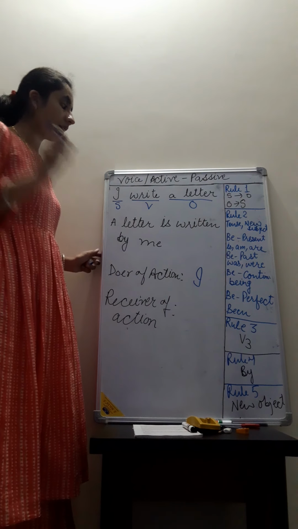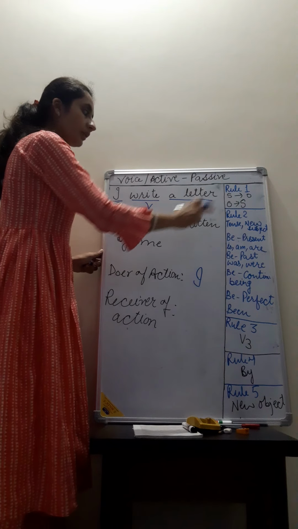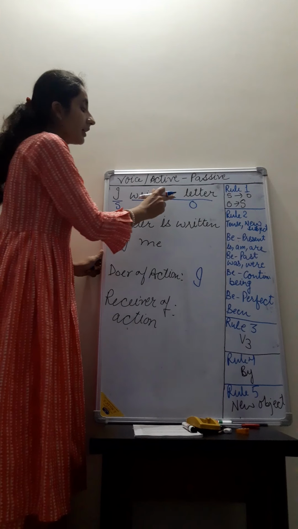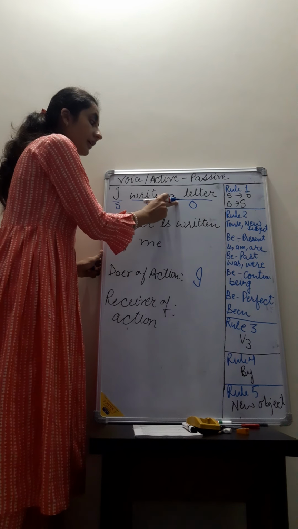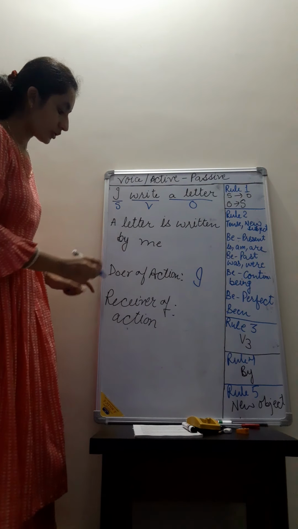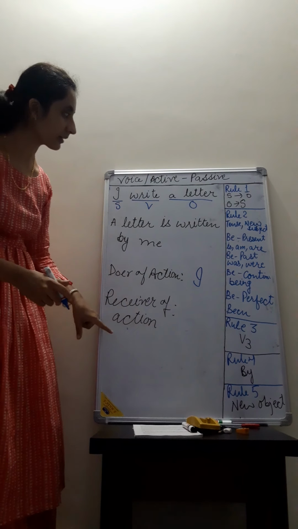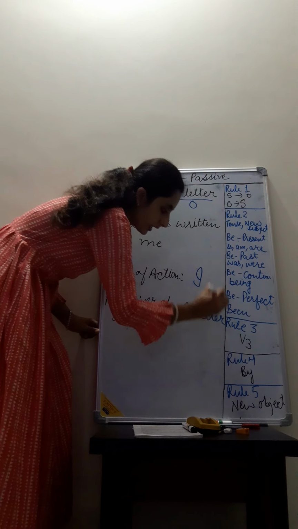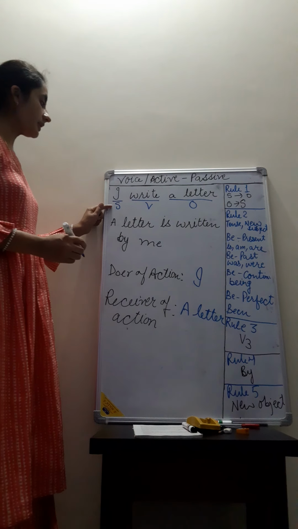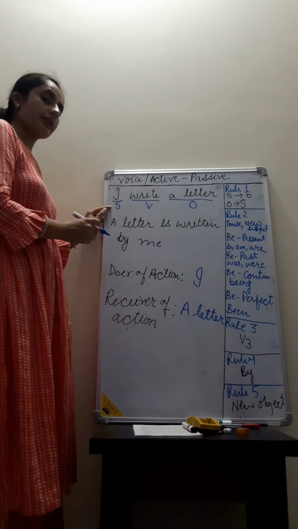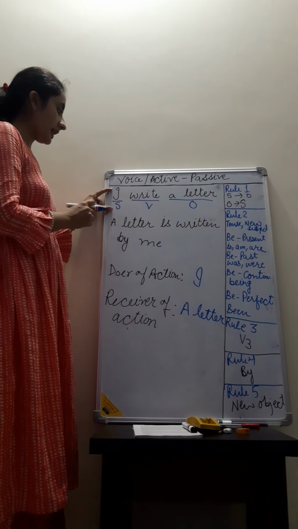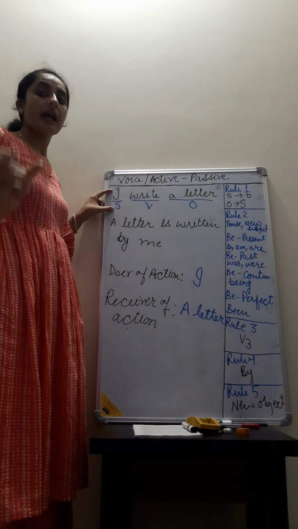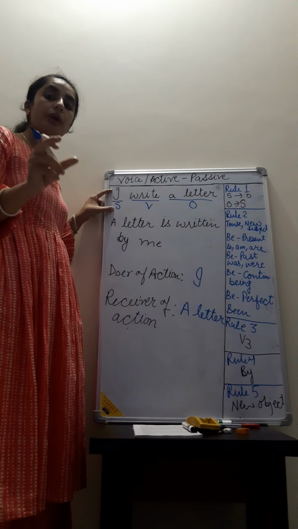Okay. So what action is being done? Writing is being done. What thing is receiving the action? Letter. The object here is receiving the action. So the receiver of the action is a letter. In the first sentence, we have placed I, which is the subject, in front of the sentence and it is given more importance.